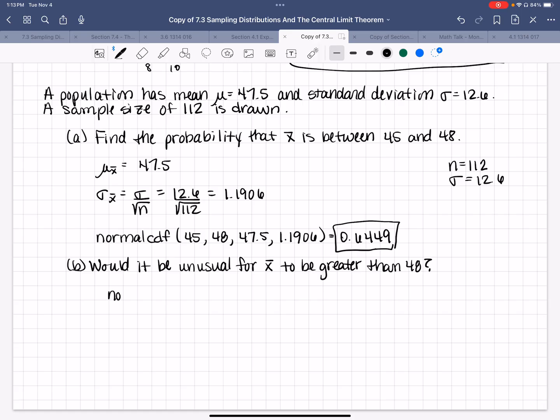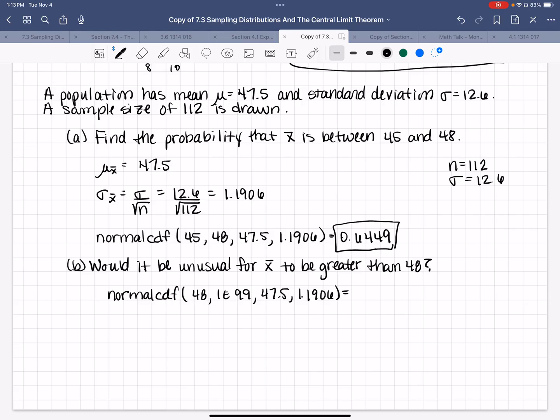So I'm going to do my normal CDF here. It says greater than 48, so my lower limit is 48. My upper limit is 1E99. My average is 47.5. And then I need, my standard deviation is 1.1906.